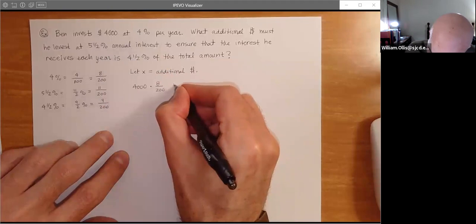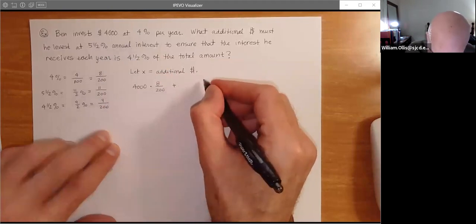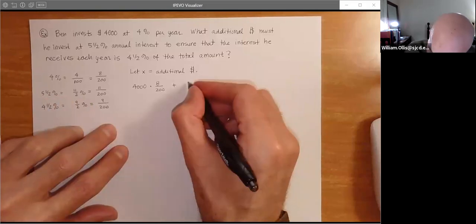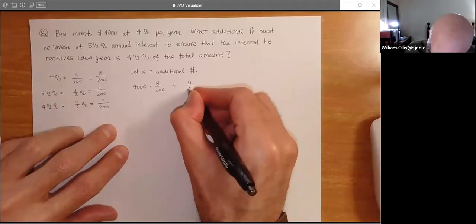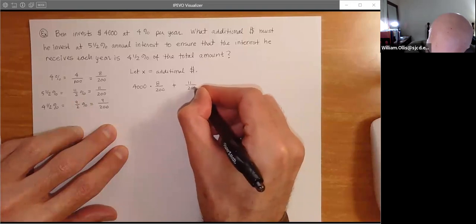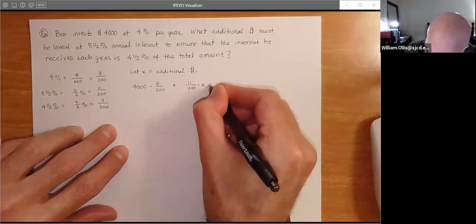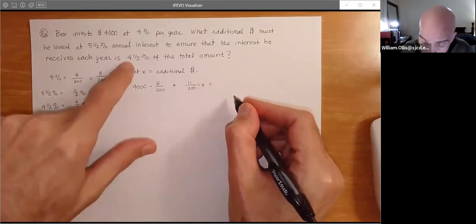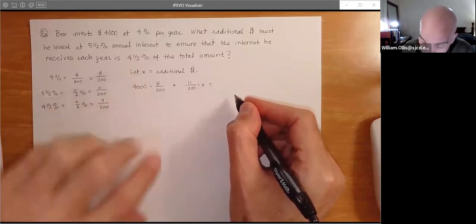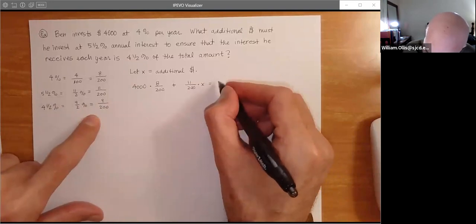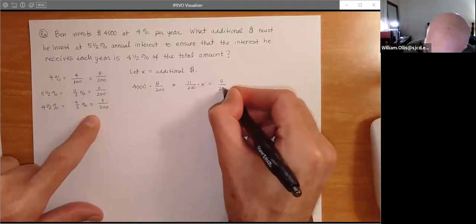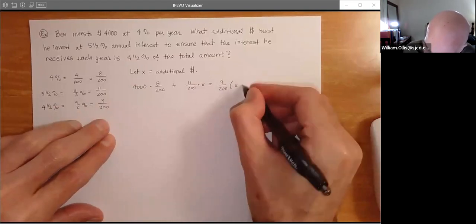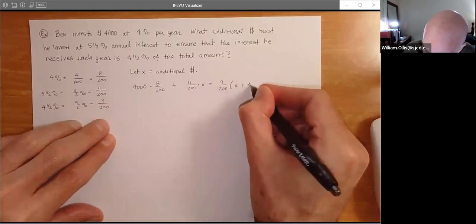And the additional amount, X, he invests at 5.5%. So this is 11 over 200 times X. And then we want the total amount invested to provide 4.5%. So 4.5% is 9 over 200. And then, of course, the total amount will be X plus 4,000.